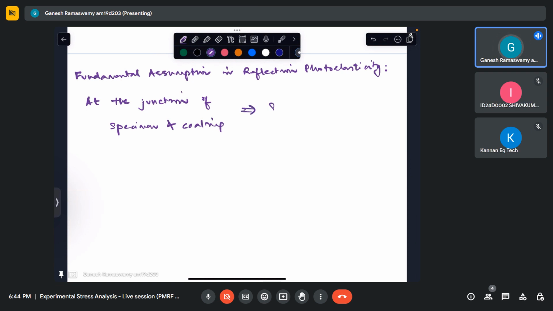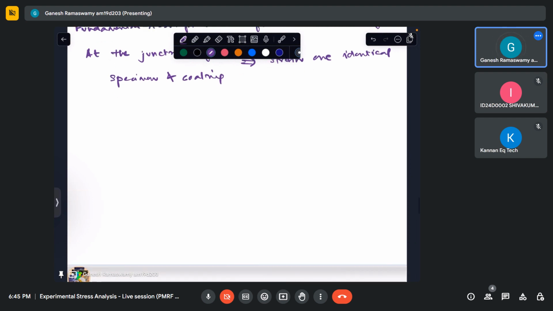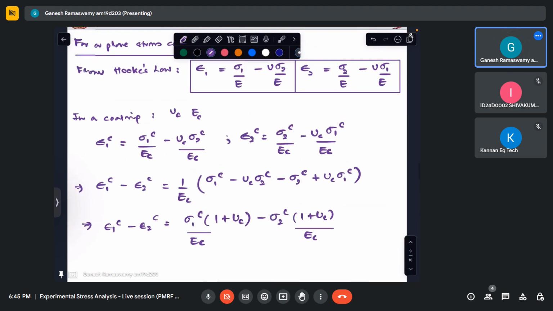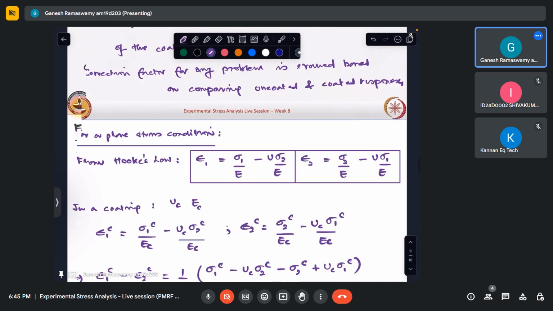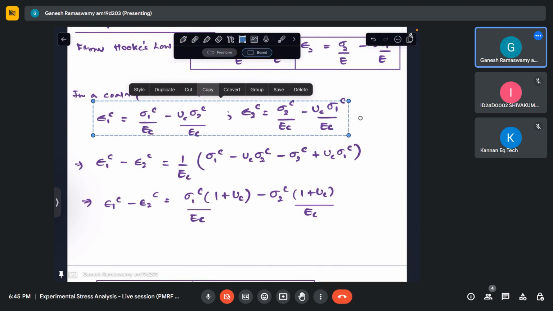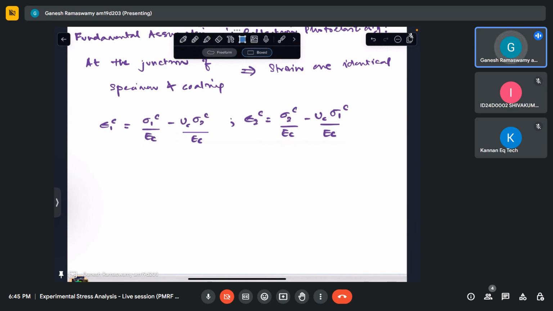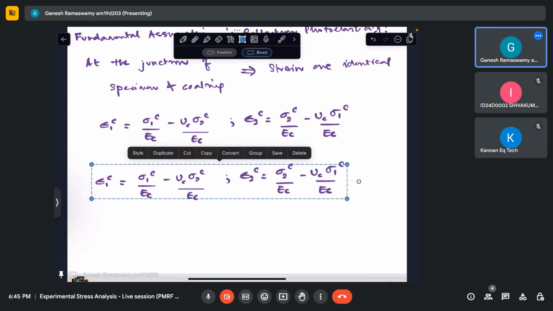So, from earlier discussion, we saw that epsilon 1. See, we already have it here. I'll just take it from there. Essentially, these I have for the coating. A similar thing can be derived also for the specimen. If I were to replace all the superscripts with S instead, actually it would be easier for me to write it afresh.